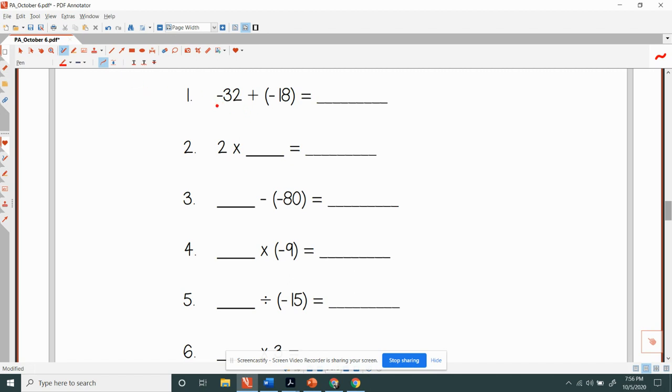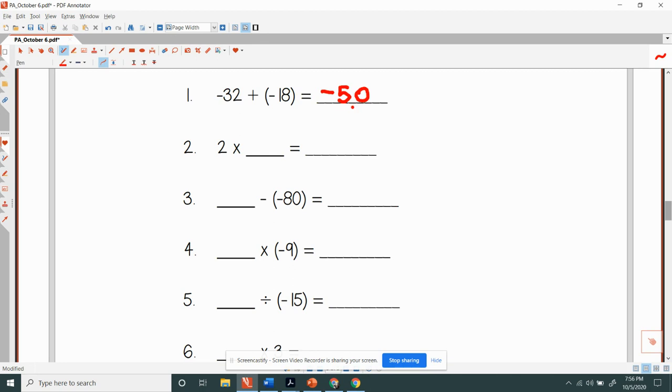So I have a negative plus a negative. The rule for adding is same sign, keep the sign. So when adding integers, if they have the same sign, keep the sign. So 32 and 18 equal 50. They both have the same sign, so I need to keep the sign of 50.